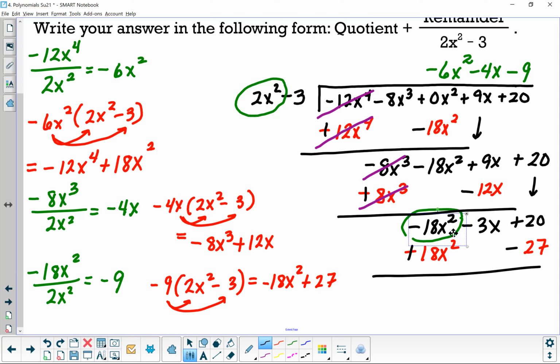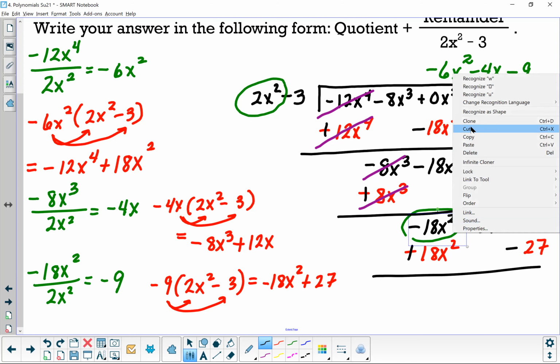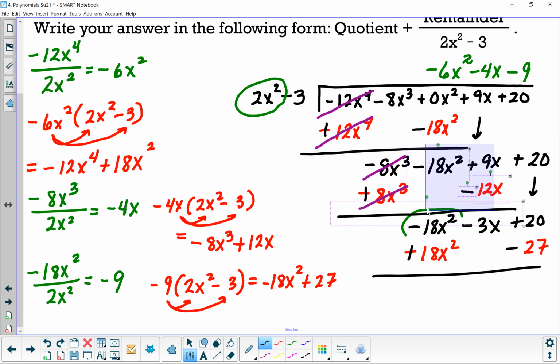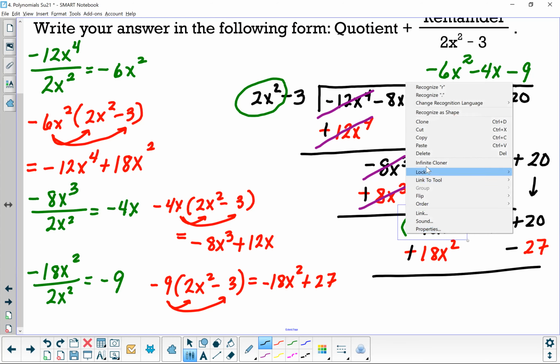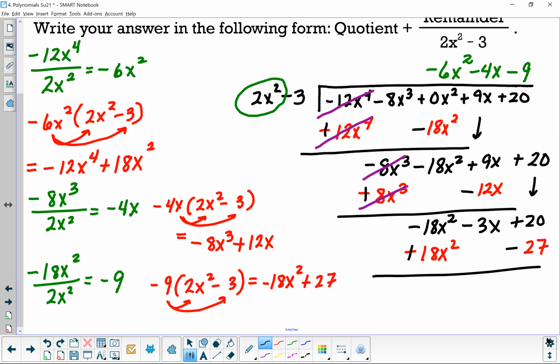All right, so let's simplify here. The negative 18x squared and the plus 18x squared is eliminated. Bring down the negative 3x, and 20 minus 27 gives us negative 7.